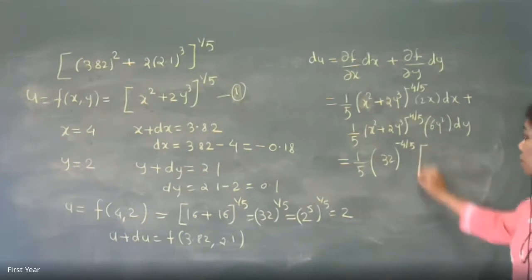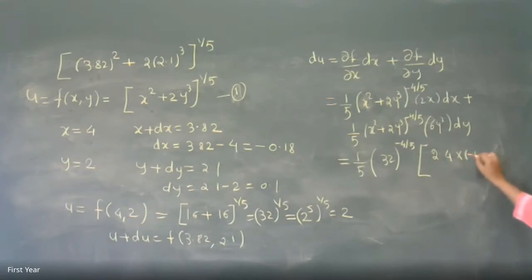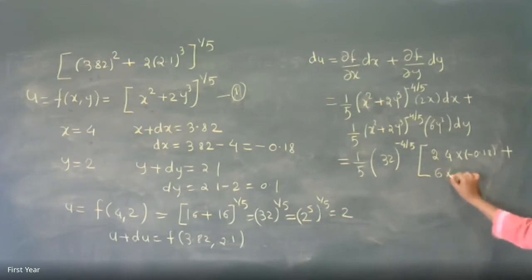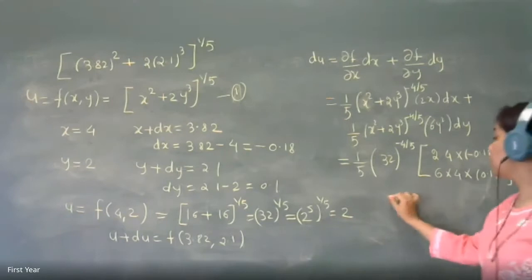This is common because in both places it is the same. 2 into 4 into dx is minus 0.18 plus 6 into y square. What is y? y is 2. 4 into dy, that is 0.1. Do this calculation. That is 0.012.